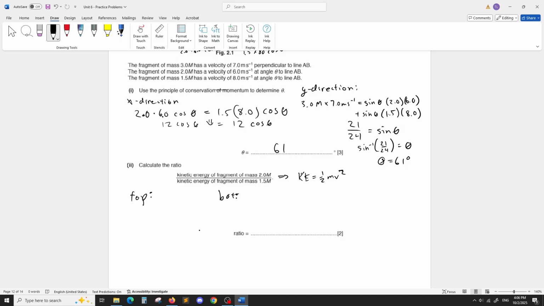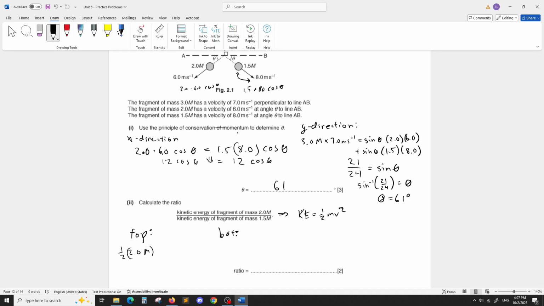So the top will be 1/2 mass 2.0 m times the velocity, 6.0 squared, which is 36 m joules, because of kinetic energy.